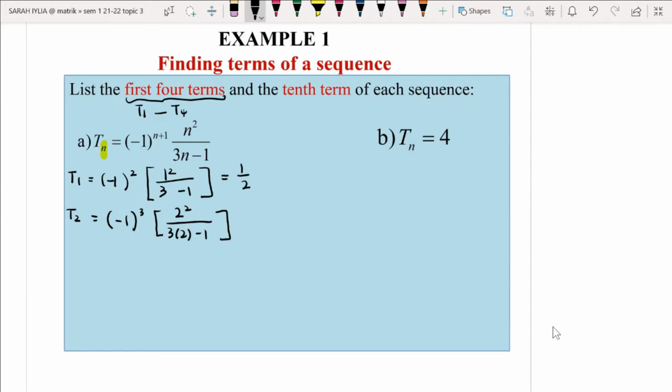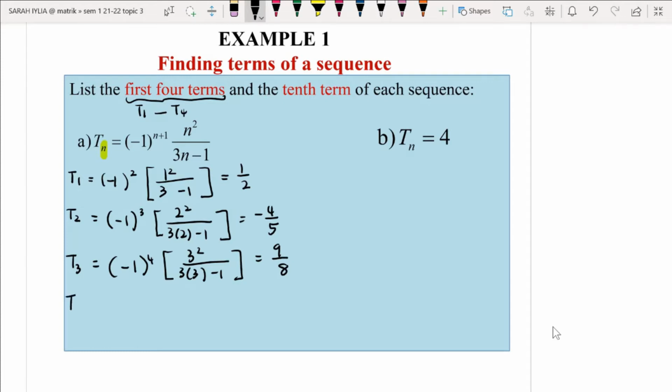And then once again substitute calculator, kita dah akan dapat negative 4 over 5 here. Okay, next. T3 or our third term, the same process. Negative 1 to the power of 4 times 3 squared over 3 times 3 minus 1. So, here we will get 9 over 8.